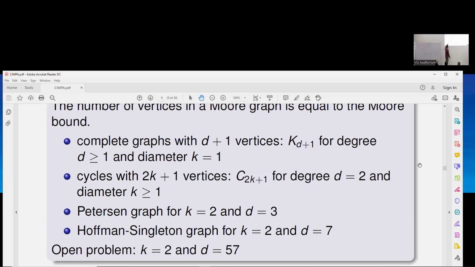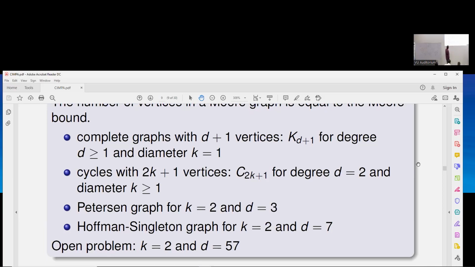And then we have the Hoffman-Singleton graph, which is the graph for diameter 2 and degree 7. Maybe you can think and tell me what you think: how many vertices does the Hoffman-Singleton graph have? You can take it from the Moore bound, presented on the next page, for graphs of diameter 2.